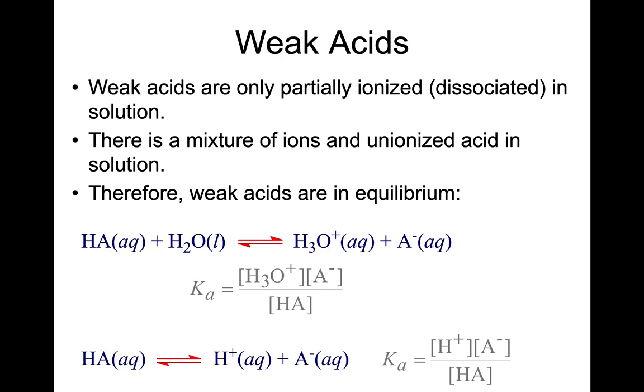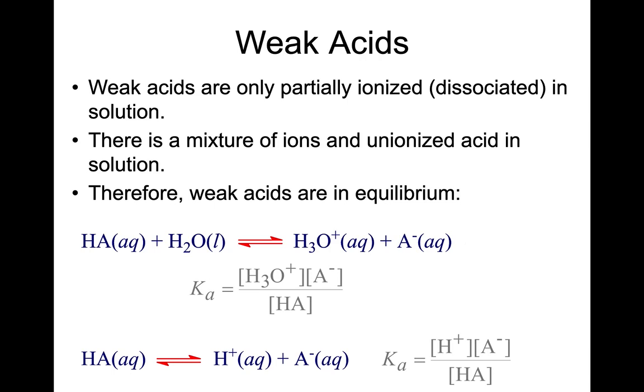So in the general equation on this slide, we've got any acidic compound, an element or compound bonded with a hydrogen, in equilibrium with hydronium ions and the conjugate base of that acid, so the remaining compound without the hydrogen. And just like last unit, we can write an equilibrium expression for this reaction.